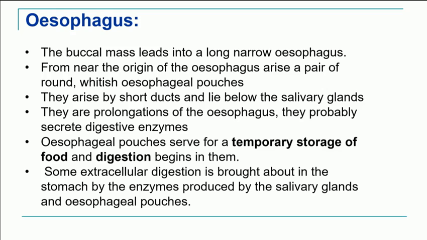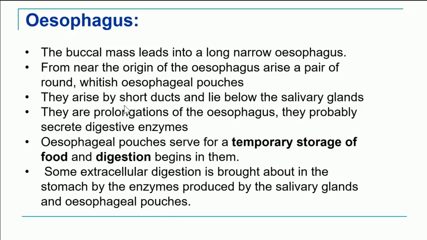Now we move on to the next important part, that is the esophagus. After the buccal mass, this buccal mass leads into a long narrow tube-like structure that is called the esophagus. From this esophagus there arise a pair of rounded structures. These rounded or pouch-like structures are whitish in color, and they are called esophageal pouches.